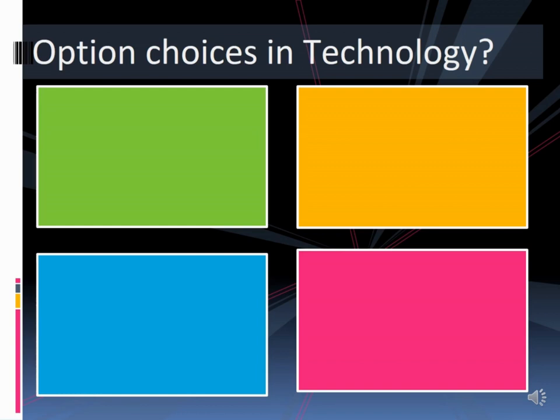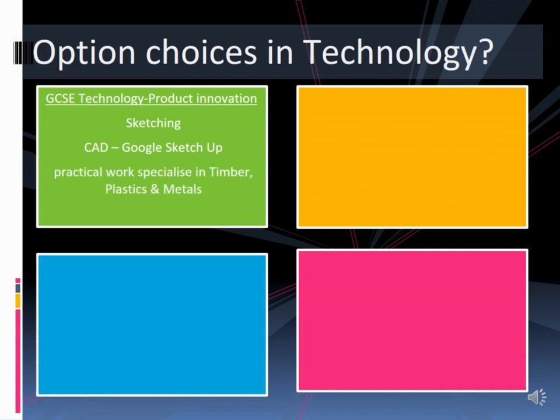These are the different choices that we offer within the technology subjects. I'm just going to run through each of them and then I'll talk to you a little bit more in detail later on the slides. So the first one is product innovation. This subject's about sketching, designing on the computer, designing in a workbook.